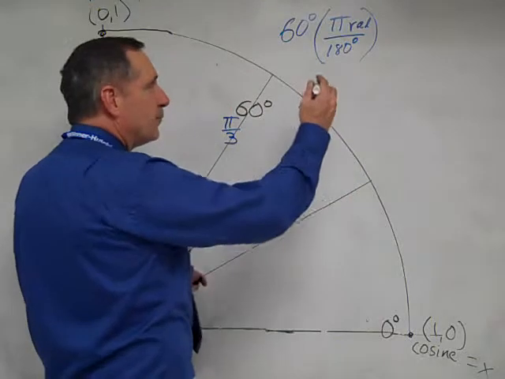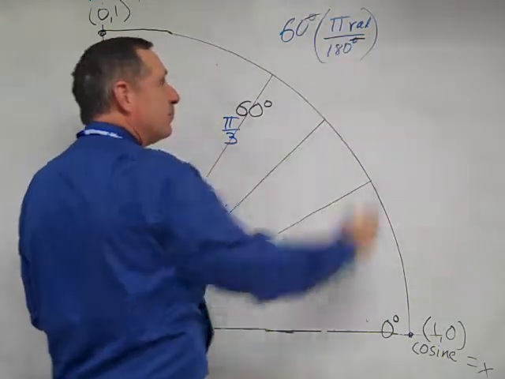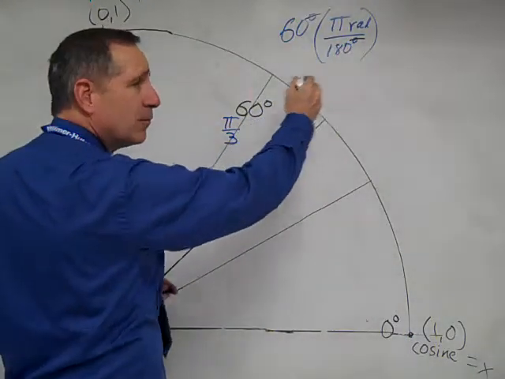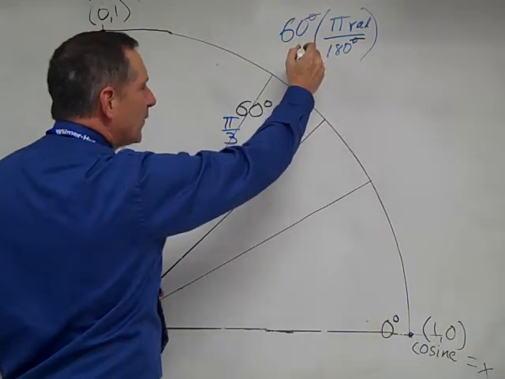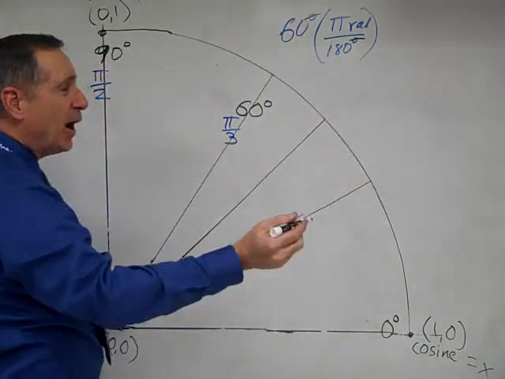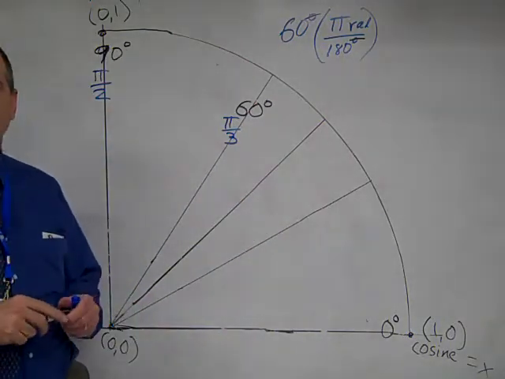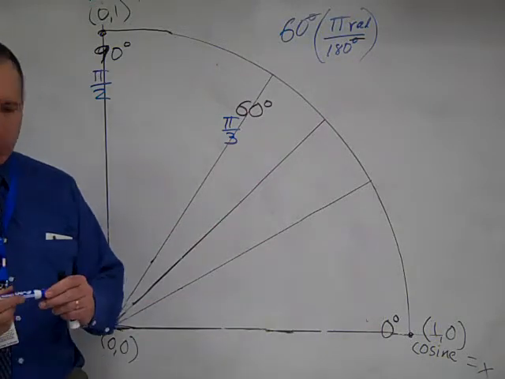Degrees over degrees do what? Cancel. So what do we have left? We have 1/3 pi radians, so pi over 3. That's in radians, and in radians, we usually just have pi as part of the symbol.